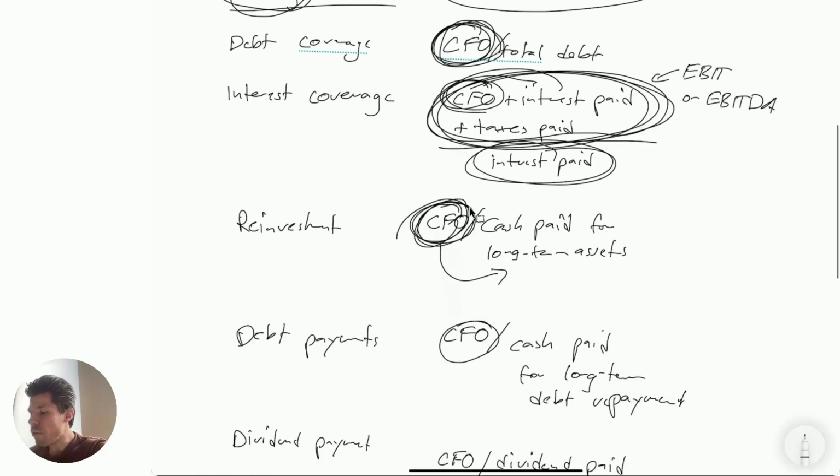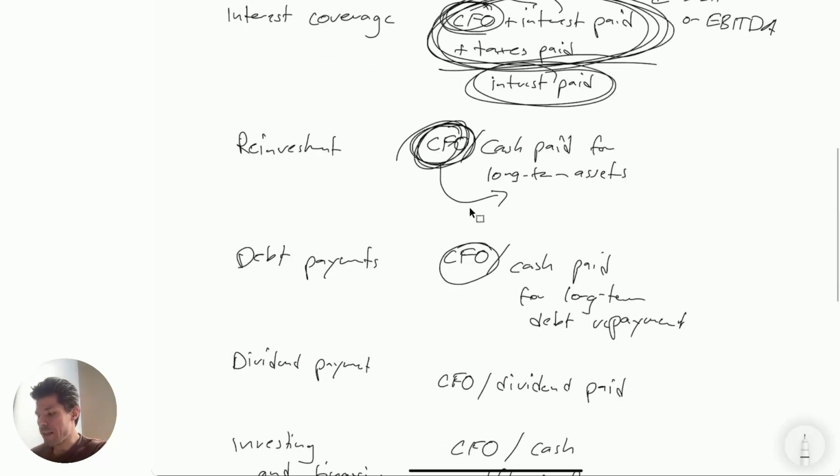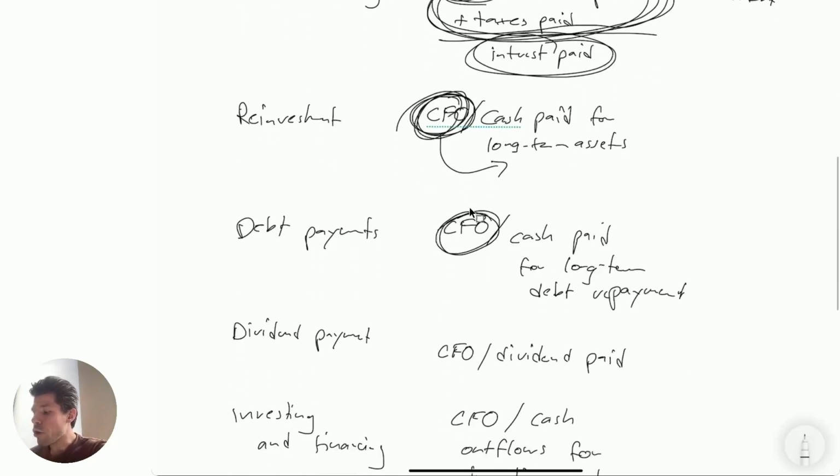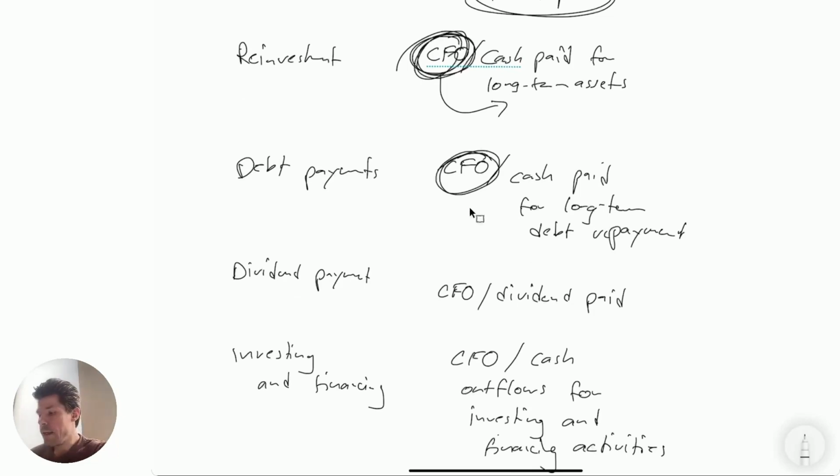How much CFO do you have available to reinvest in your long-term assets? How much CFO do you have available to pay your long-term repayment? The lower the number, the less CFO is available and the more critical it is, and the higher the solvency issues of that company.